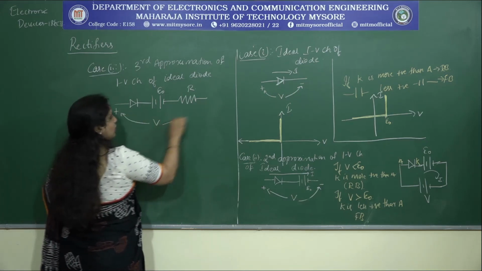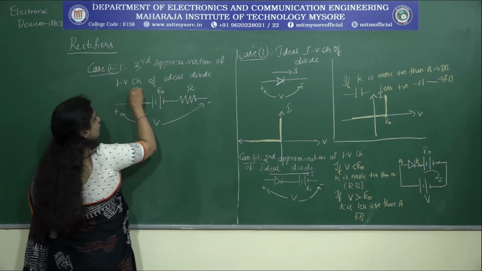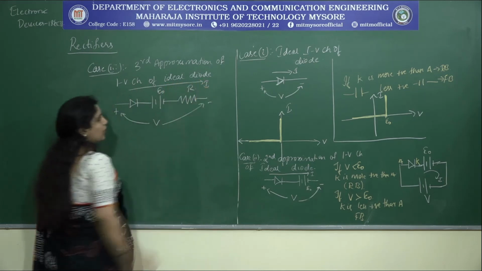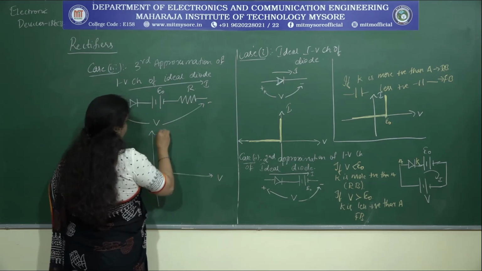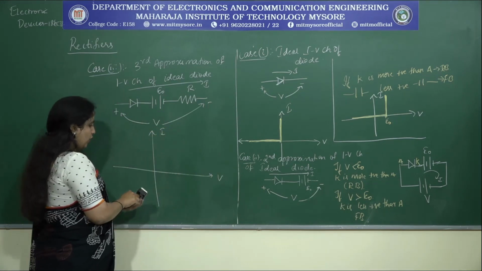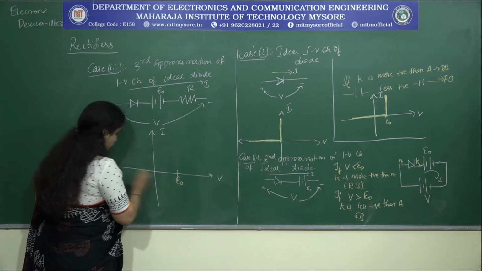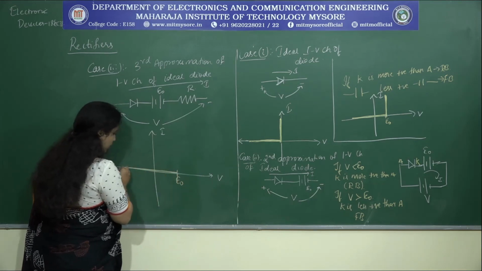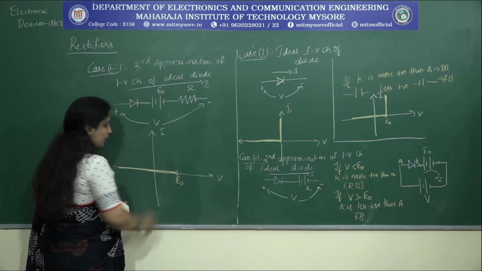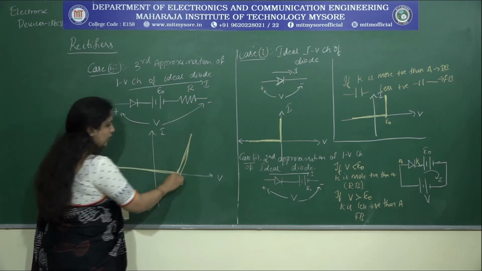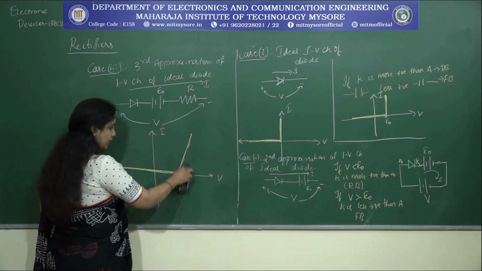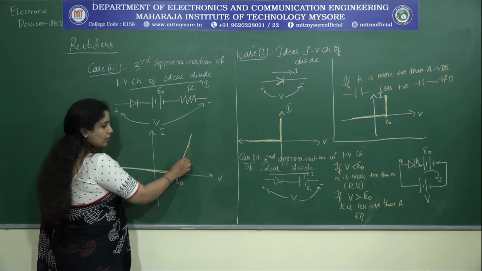And if I provide some positive supply, and this is how the current flows, then the characteristics go as follows. So till E naught, will there be any conduction? No. After E naught, the characteristic observed is linear in nature, which is a straight line, and there is a slope that exists.